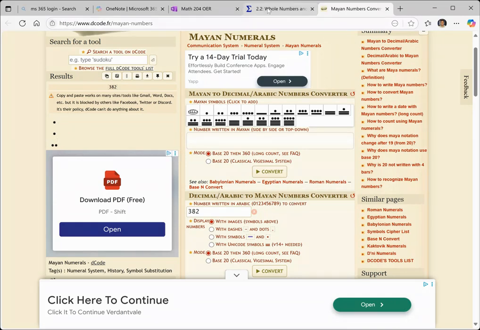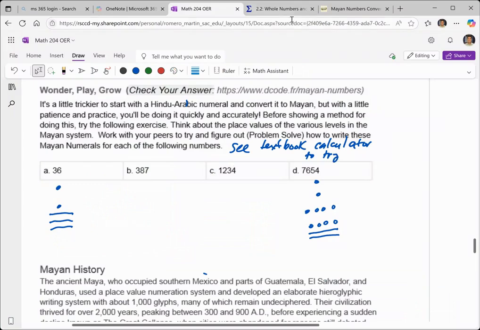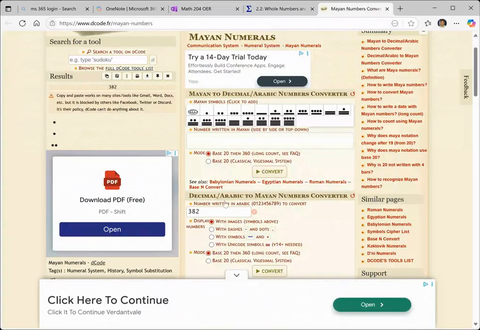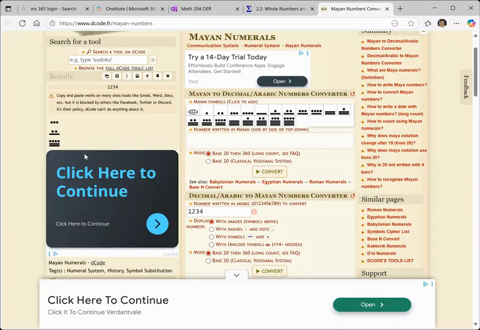And then if we went back here, you could try 1,234. You put it here, 1,234, I think was the number I put in there, right? 1, 2, 3, 4. Convert, and then there it is right there.